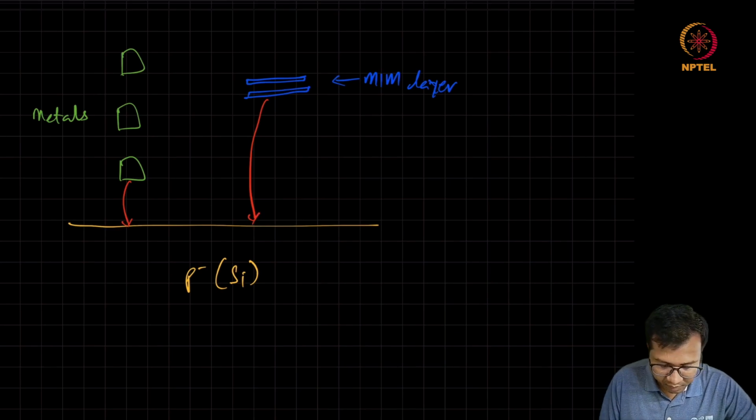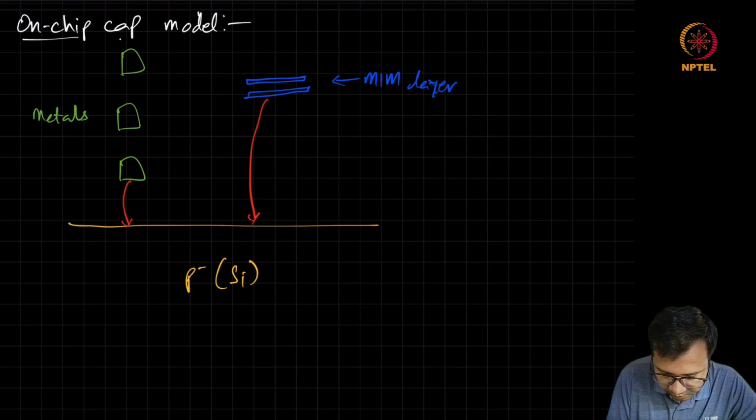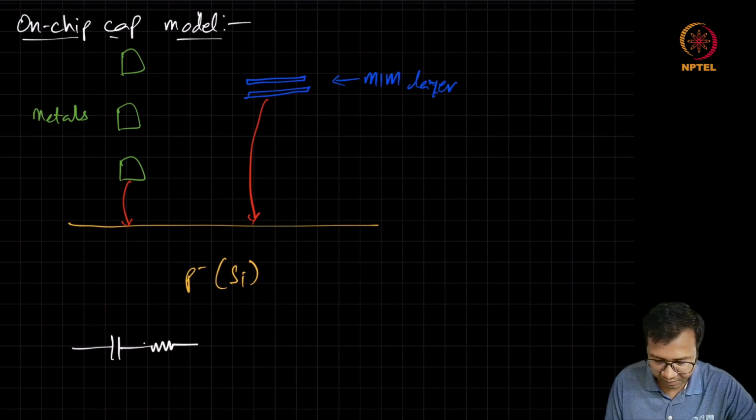As a result, when we are modeling these capacitors, this on-chip capacitor will have, first of all, some loss, which can be modeled as, let's say, a series resistance, which comes as a result of the resistance of these metals which are used.